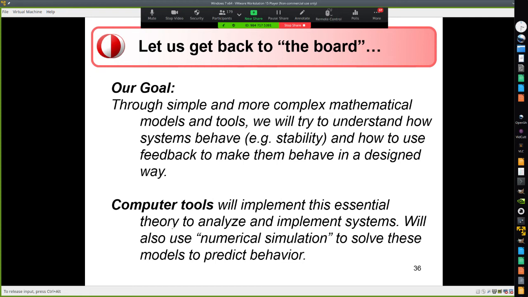So we will again use similar simulation tools, in particular MATLAB and Simulink, to analyze those mathematical models of systems in order to show the behavior of variables of interest, often physical variables like speed, position, velocity, with respect to time.